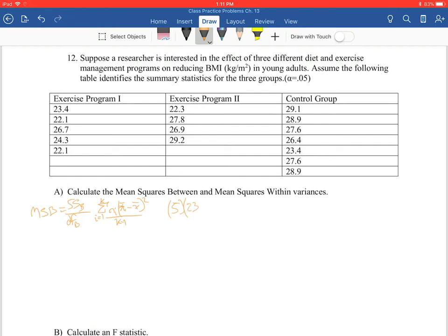So the way we write this out is we're going to take 5 times our mean of group 1 minus the grand mean of 26.0438, that's 0, squared, plus 4 times the group 2 mean minus the grand mean squared, plus group 3, total number of people in that group, times their mean minus the grand mean.